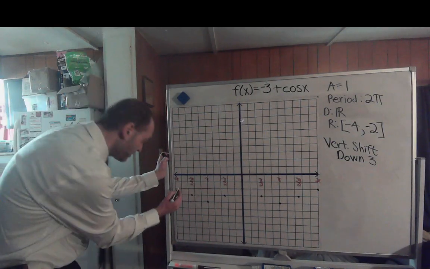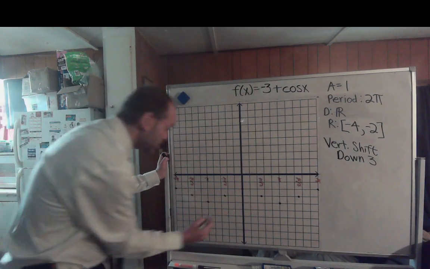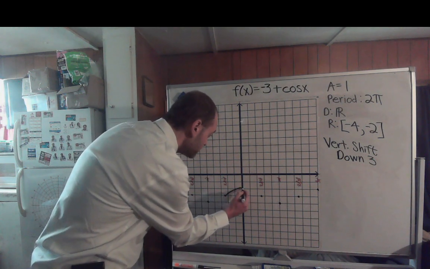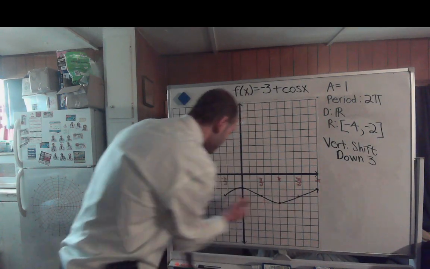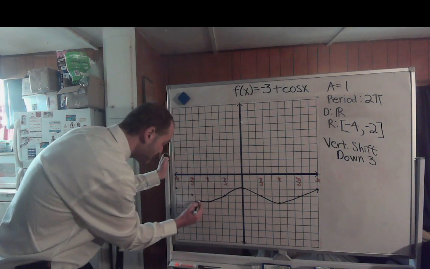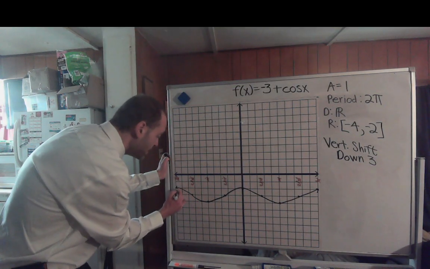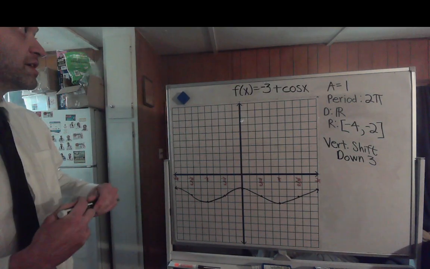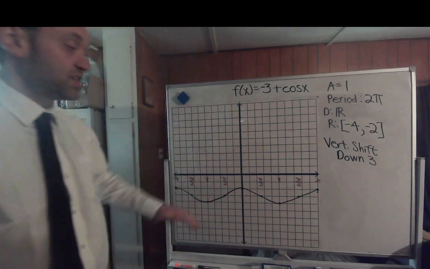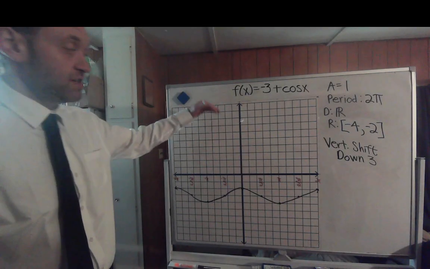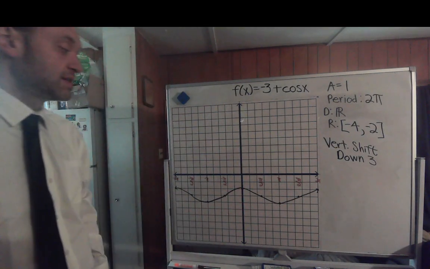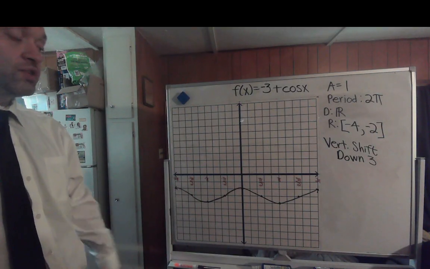Add -3 to that, you'll get -2. So let's go ahead and graph this. And there is your graph of -3 plus cosine of x. So this is the normal cosine of x function shifted downward 3 units, thus affecting your range.